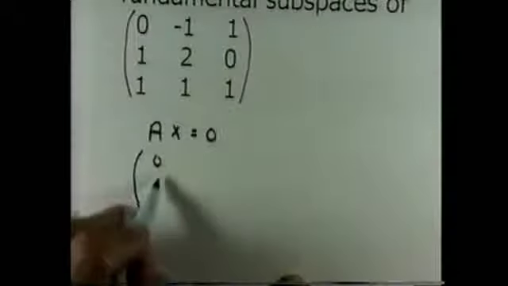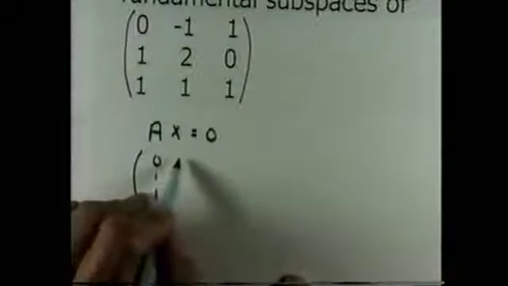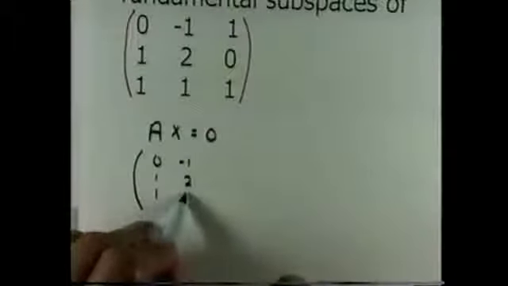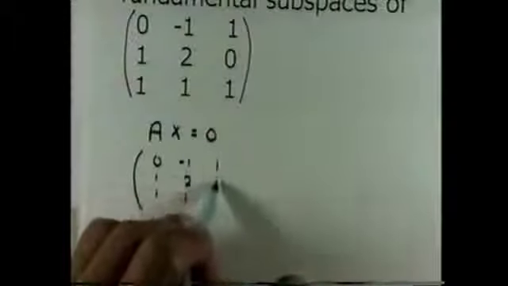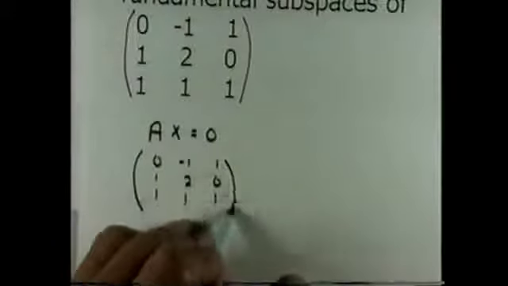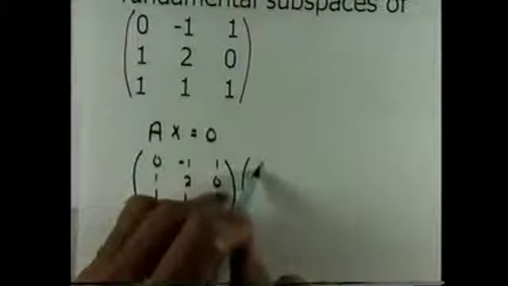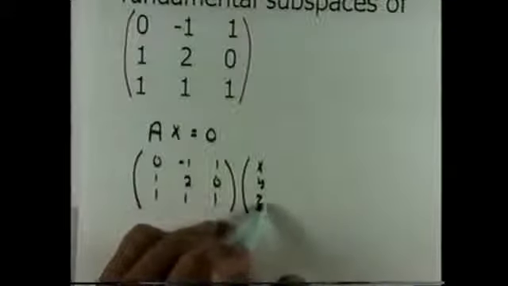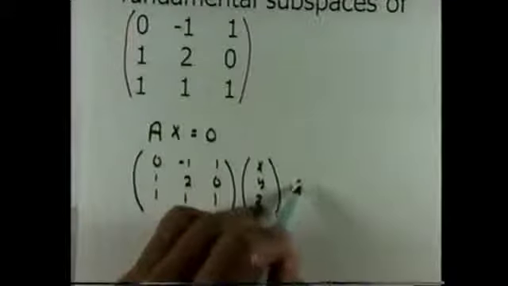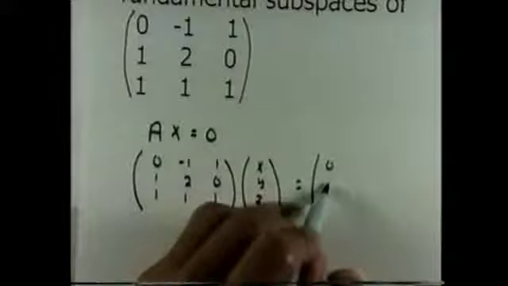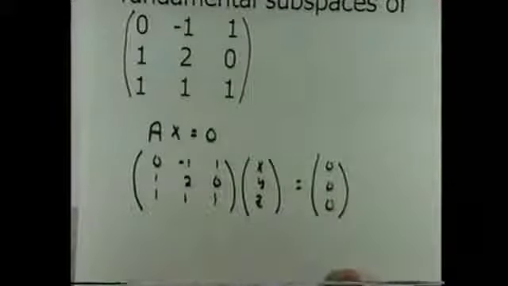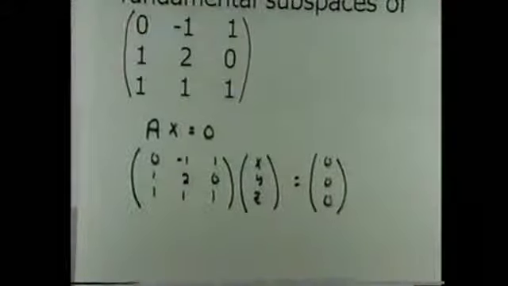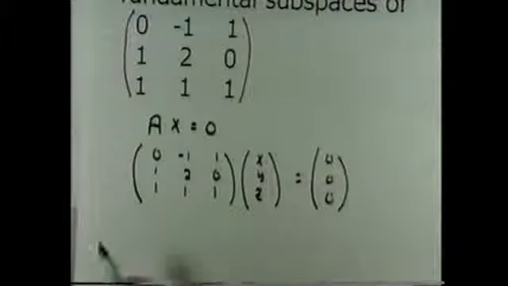So we have 0, 1, 1, negative 1, 2, 1, 1, 0, 1 times the column vector x, y, z, will equal the 0 vector. So this would be the null space. The set of all vectors x that make this true would be the null space of A.